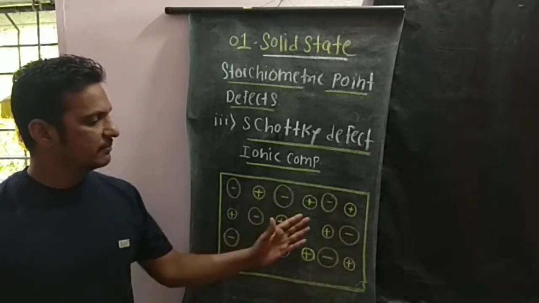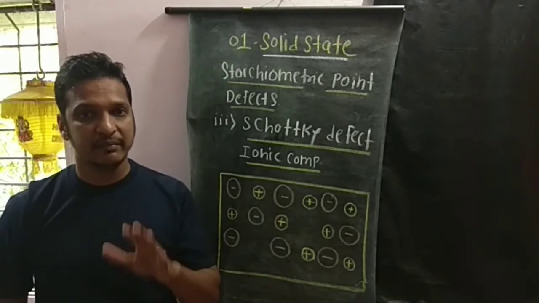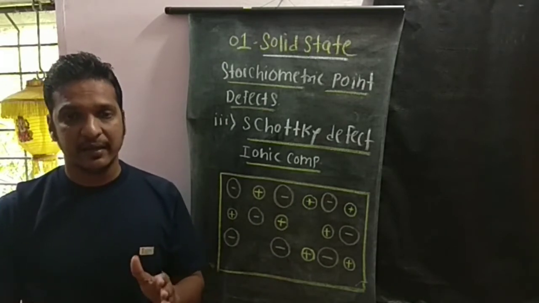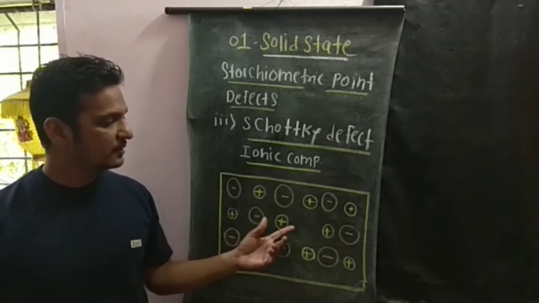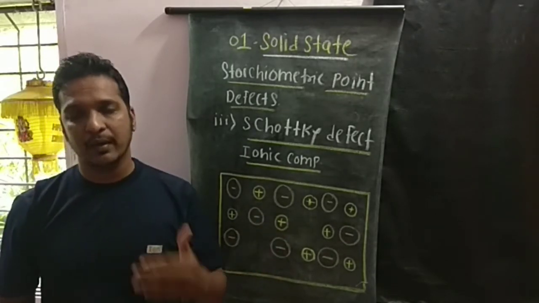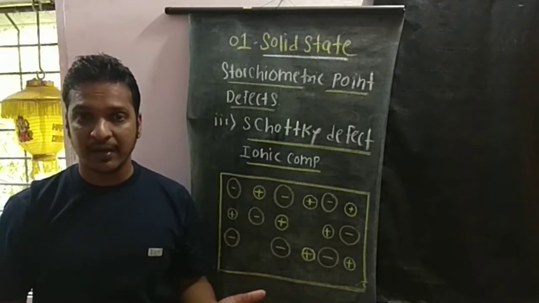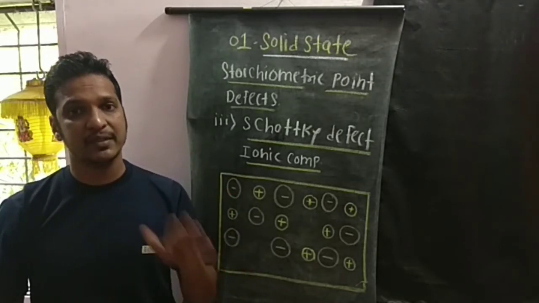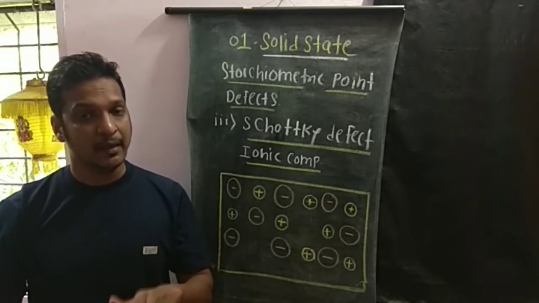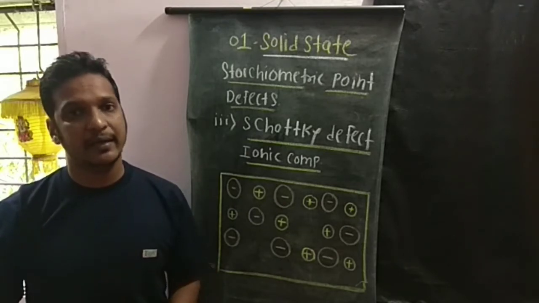Because of these missing particles, vacant sites are created in the crystal structure of the substance. Now this vacancy is due to missing of one positive ion and also one negative ion, which means equal numbers of positive and negative ions are missing to maintain the electrical neutrality of that substance.